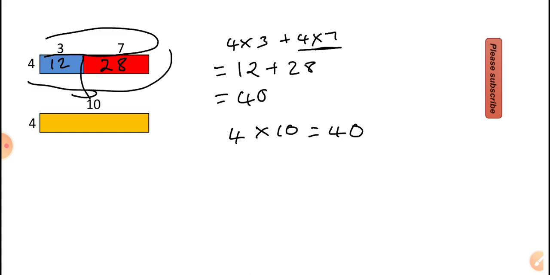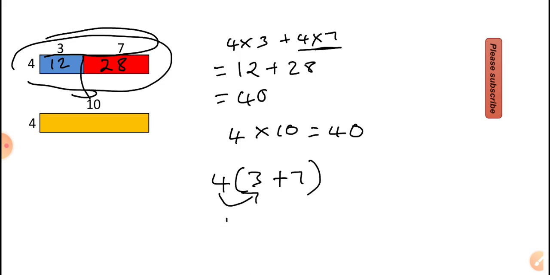So this bit here, how would it be written? It could have been written as 4 times 3 add 7, and then we expanded the bracket. We did the 4 times 3 first, which was 12, add, and then we did the 4 times 7, which was 28, and we got the answer 40.